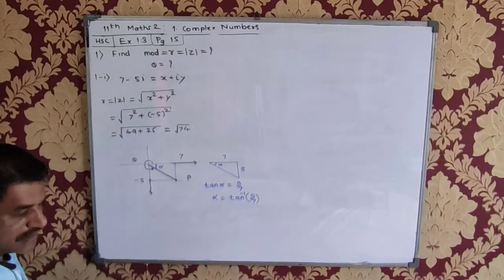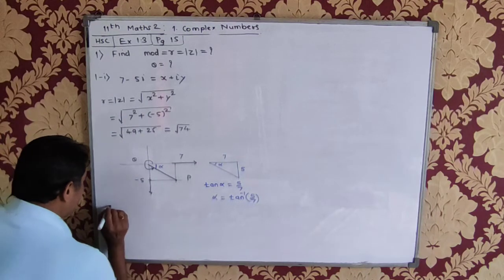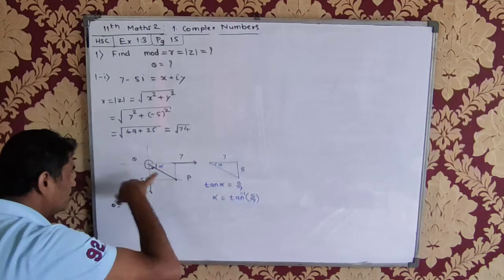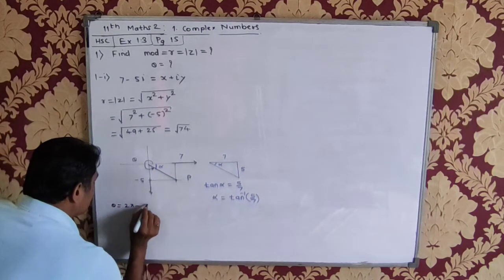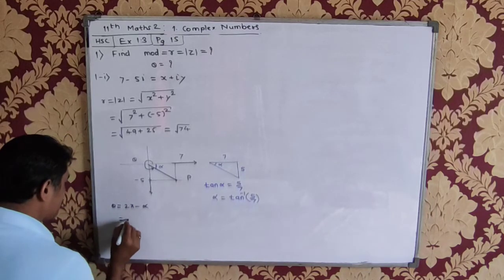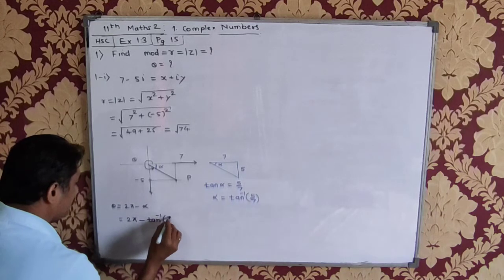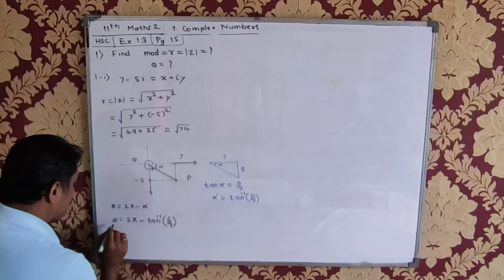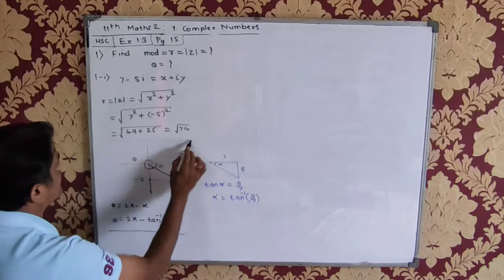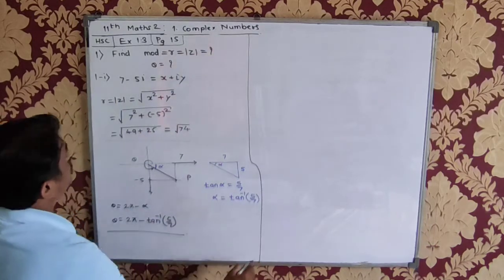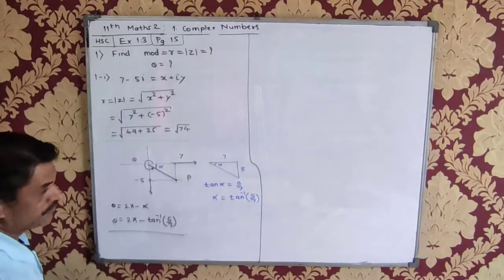And therefore theta, the amplitude, is equal to 2 pi minus alpha, that is 2 pi minus tan inverse of 5 by 7. Any doubts? That's the amplitude and that's the modulus. Proceed. Next question.